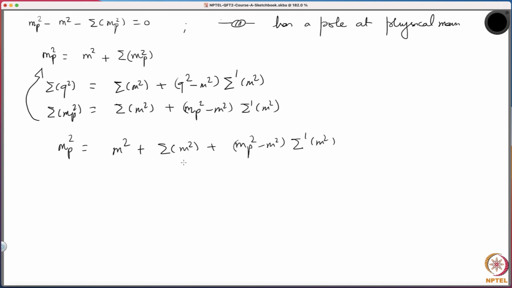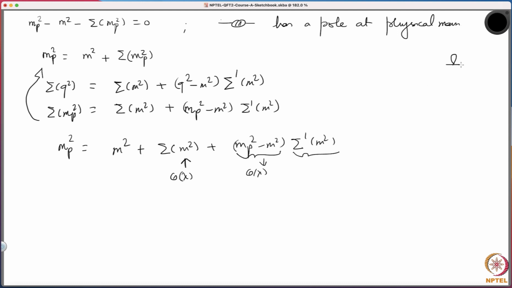Now you see this term is of order lambda, because sigma starts at order lambda, since this is the first diagram it has. Now what is mp square minus m square? If you take m square to that side, mp square minus m square starts at order lambda. What is sigma prime m square?